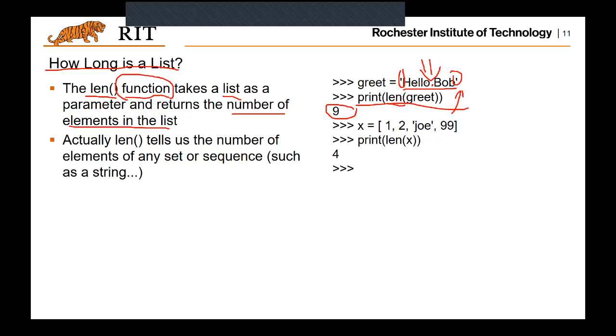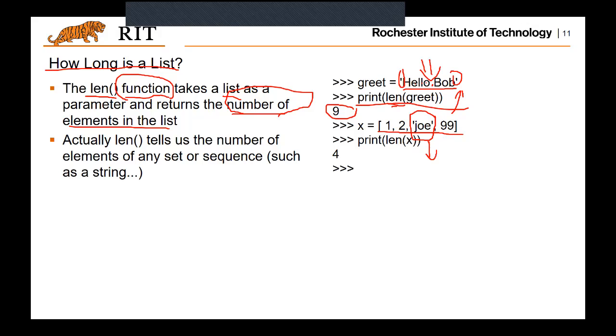So that's the len function for a string. So what if you have a list like this? Remember, len will return the number of elements. That means even if some of the elements is a string, it will not count each of the characters. Instead, it will take the whole thing as one because it is considered as one element in this list.